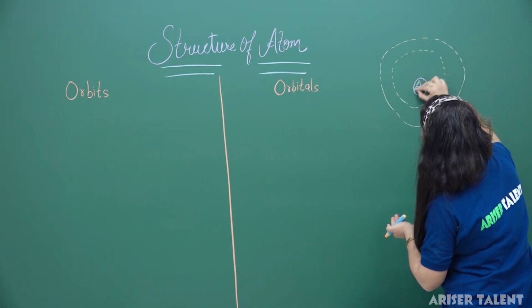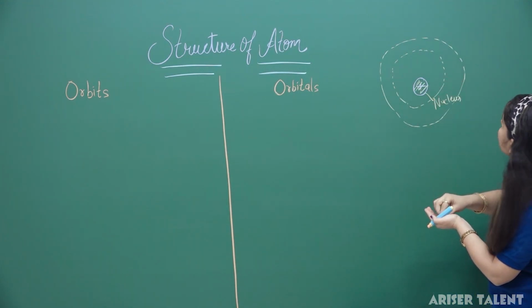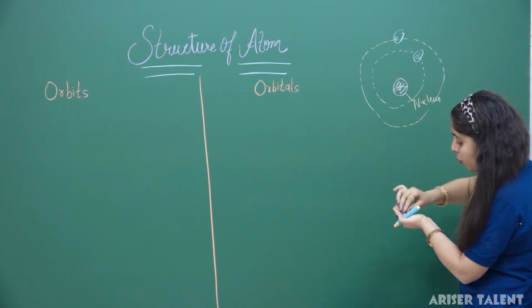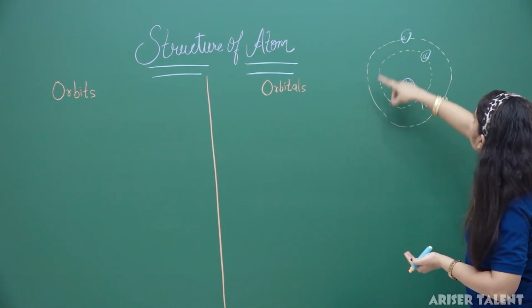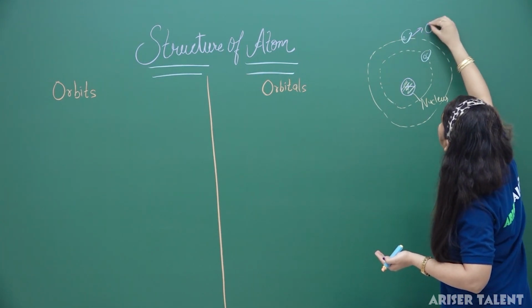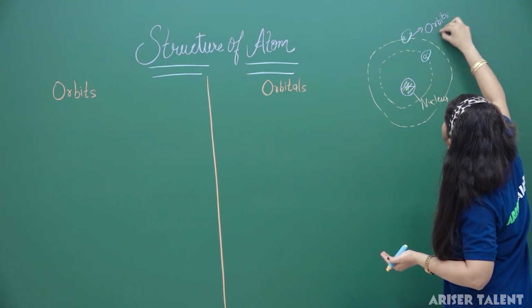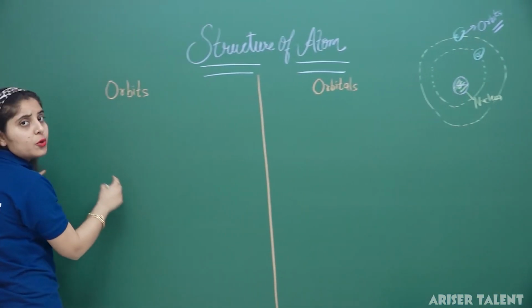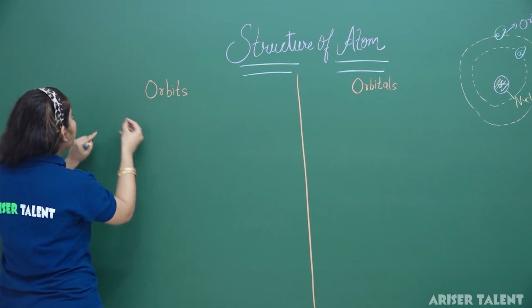So the center part is positively concentrated, which is known as the nucleus, and these are the orbits in which the electron revolves. This circular path in which the electron revolves is known as an orbit.